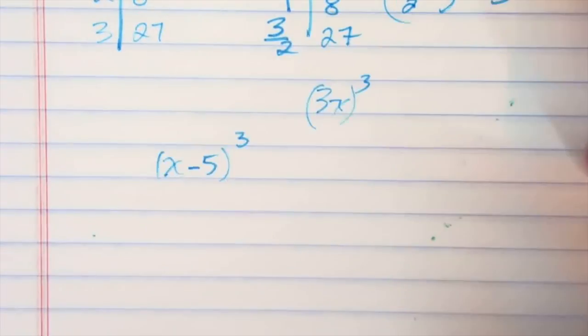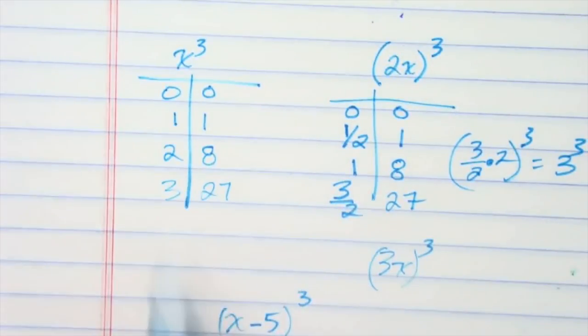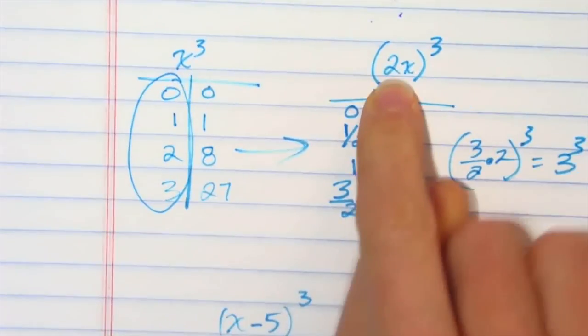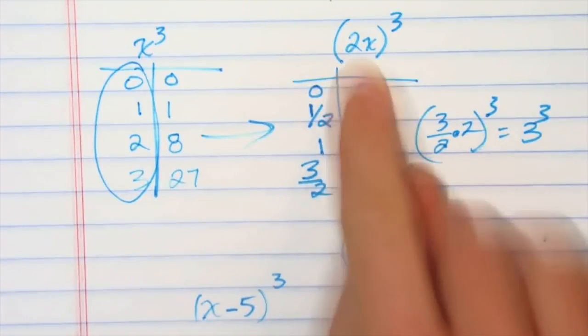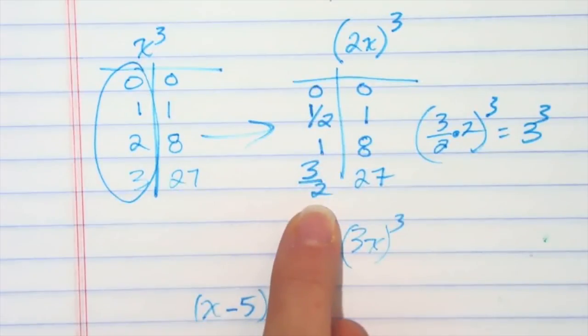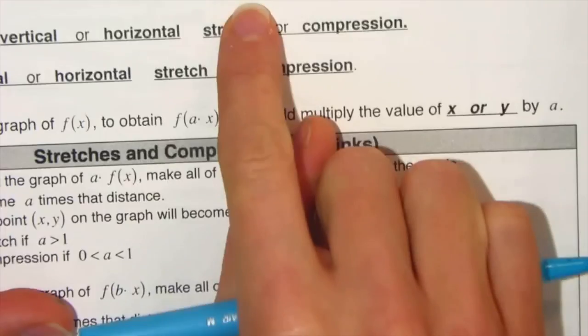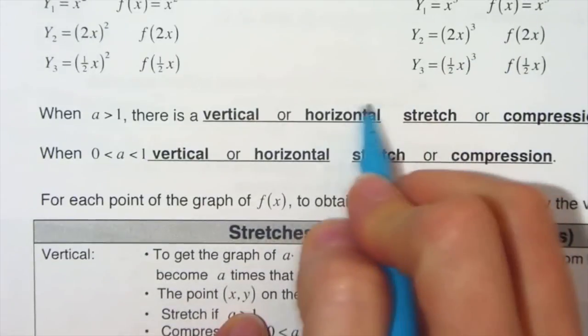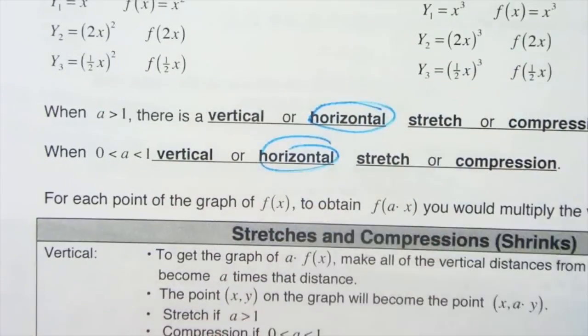Now let's go back to this though. If these were my x values, and by multiplying this 2x on the inside, my numbers got smaller, is that going to be a stretch of the x or a compression of the x? That's a compression, okay? So over here, anytime you have a number inside, that is going to change your graph horizontally. So just like when we had x minus 3 to x plus 3, right?